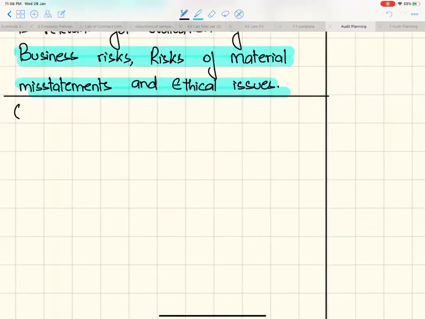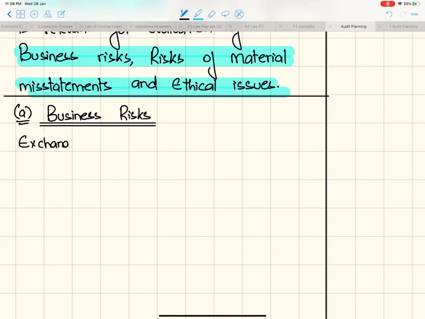So we are attempting the part A of the question, which is business risk. And we are writing the first risk, which is exchange rate risk.